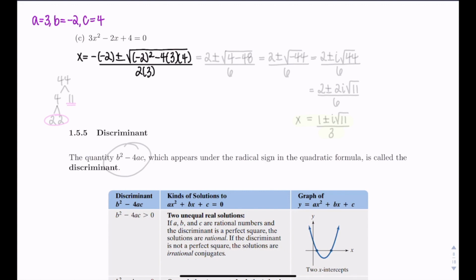Alright, we just want to do a little bit more simplification. You can see a lot of repetitiveness going on here. So we have -2 or +2 plus or minus the square root. -2 squared is 4. -4 times 3 times 4 is -48. And this is all over 6.